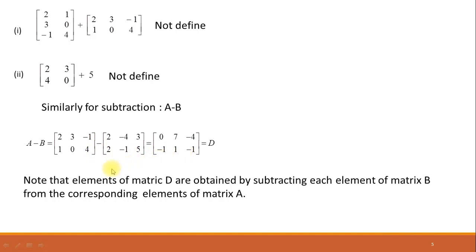So note that the elements of the resultant matrix D are obtained by subtracting each element of matrix B from the corresponding element of matrix A.